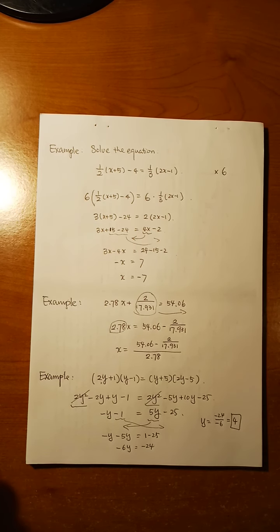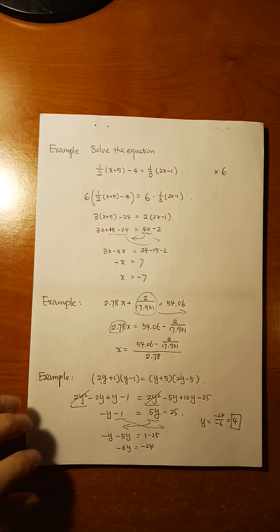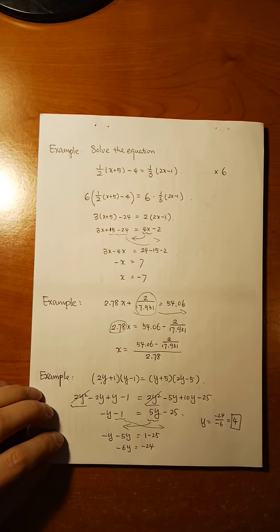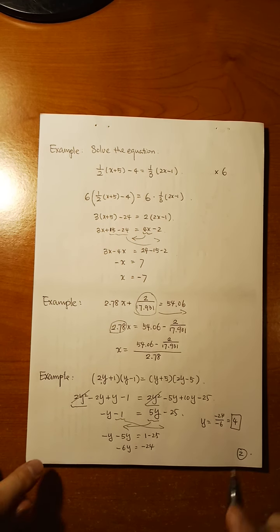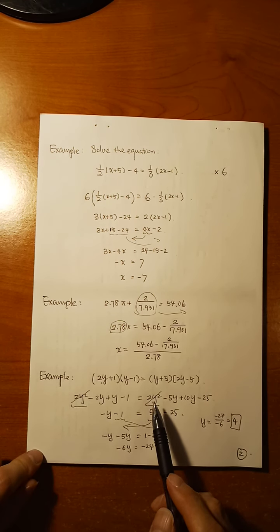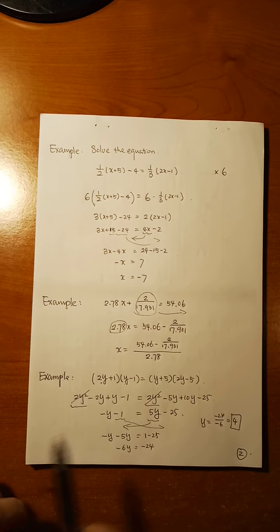So the solution is y equal to 4. Right? So at the beginning it may not be a linear equation, but after the cancellation it is definitely a linear equation.